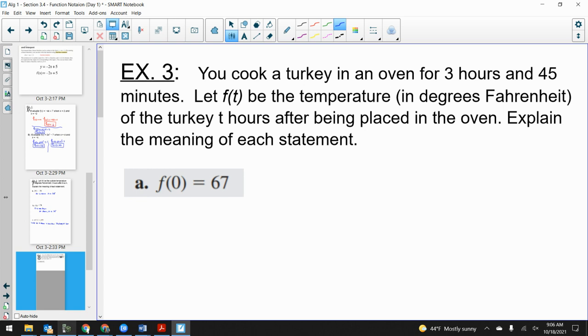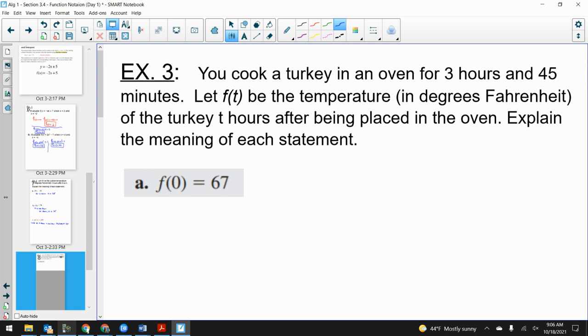All right, so what does f of 0 equals 67 mean? Now, am I given a particular time that I'm putting this thing in the oven? No, so we have to use that in our interpretation. So f of 0 just now means starting time.